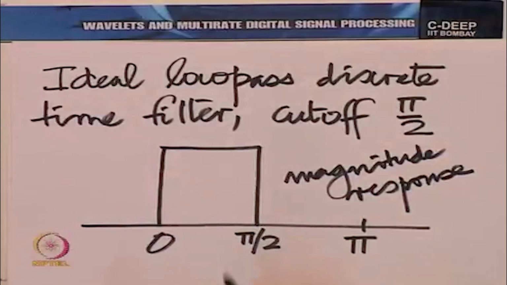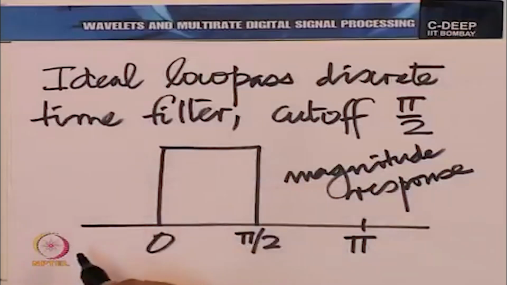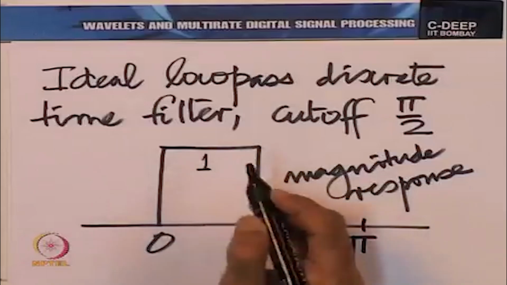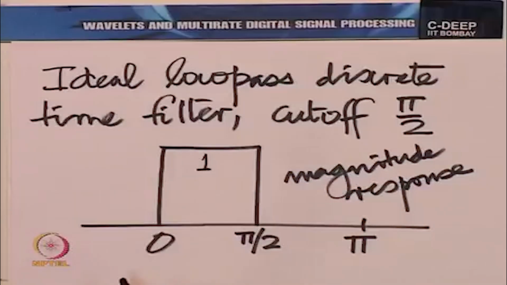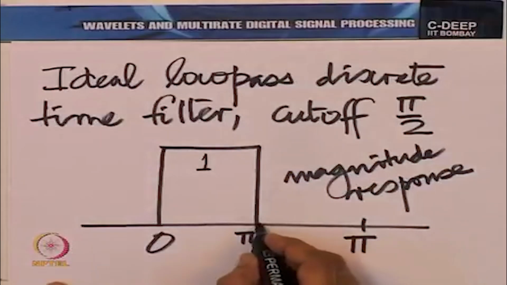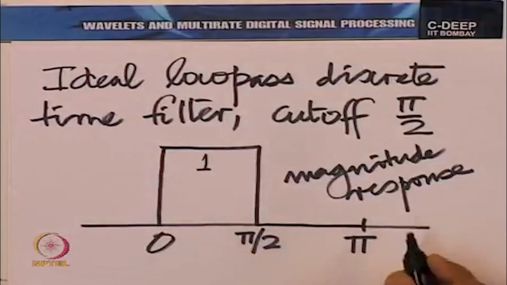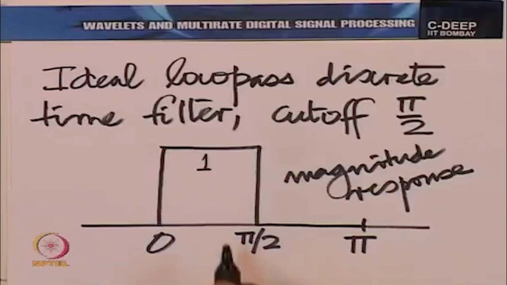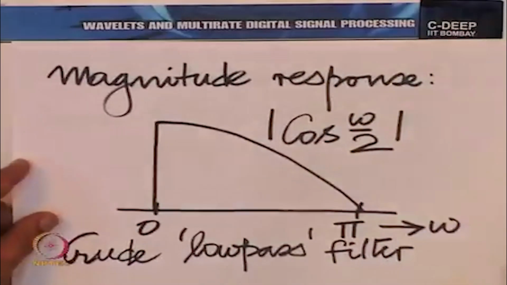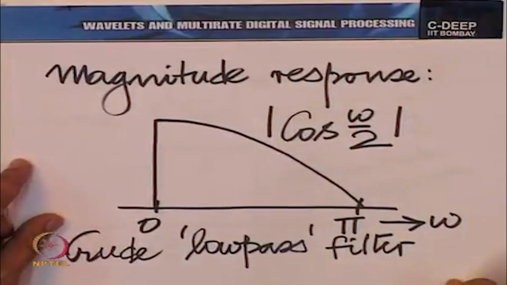Ideally, the phase response would be 0. The response itself would be 1 between 0 and pi by 2 and 0 between pi by 2 and pi, and of course mirrored between minus pi and 0. So, ideally we would have this magnitude and phase equal to 0. Where are we in reality? We are trying to replace this ideal filter with this crude approximation to the low pass filter.